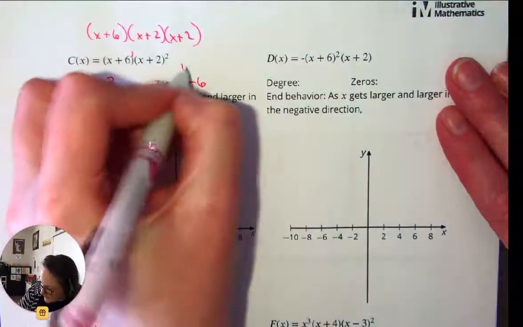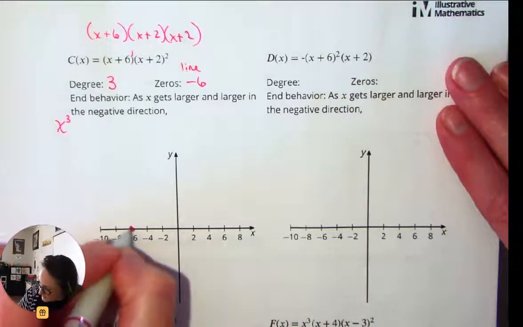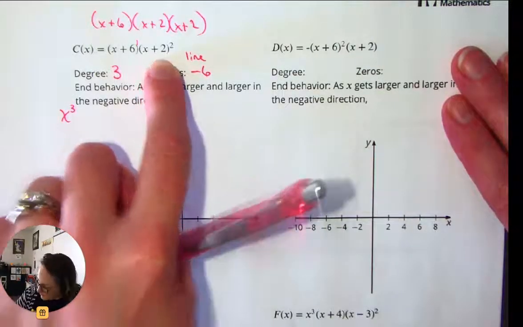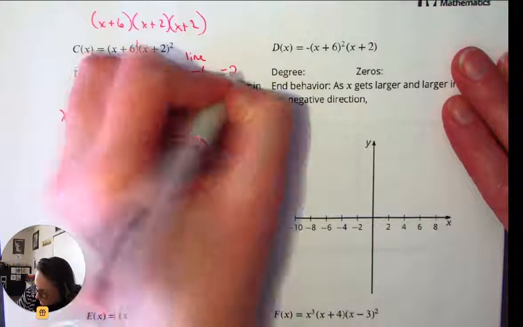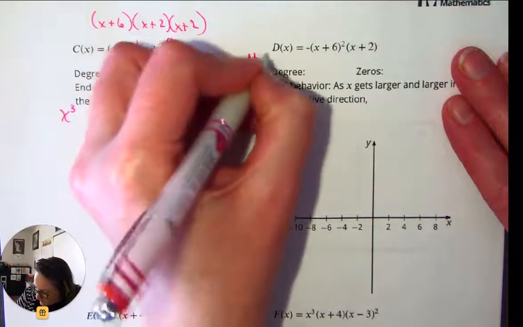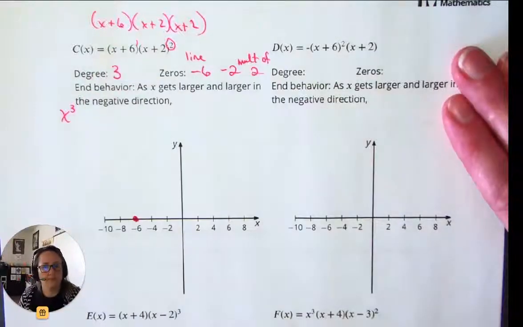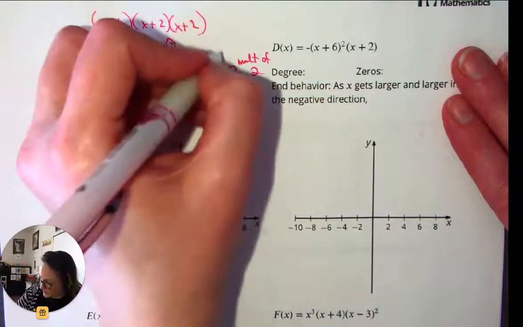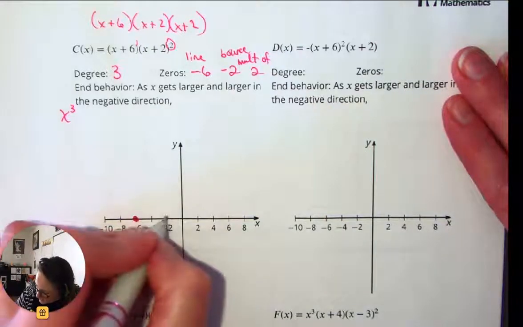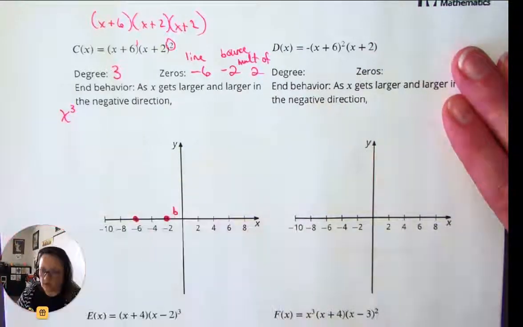The line's going to happen there at -6. Next zero is happening at -2. It's got a multiplicity of 2. I got a bounce. At -2, I have a bounce to this graph.